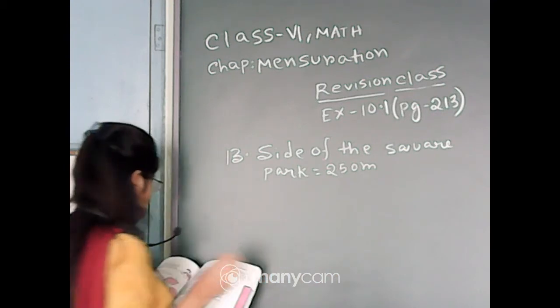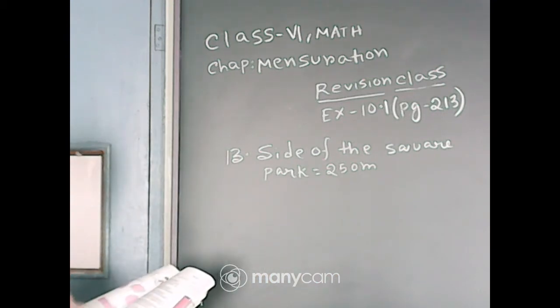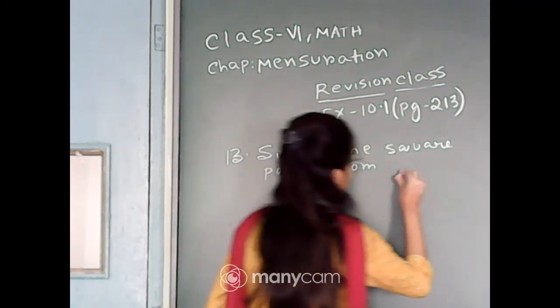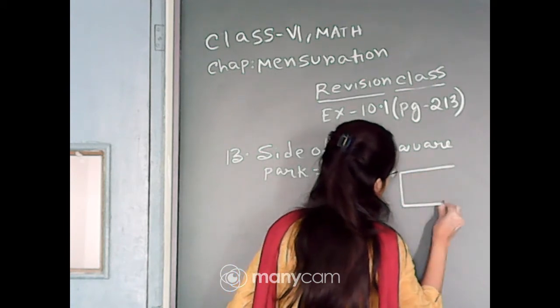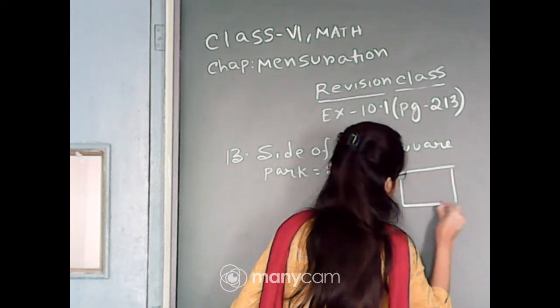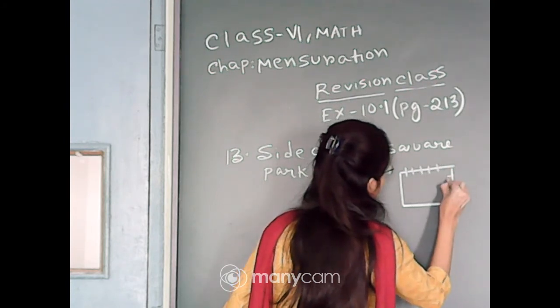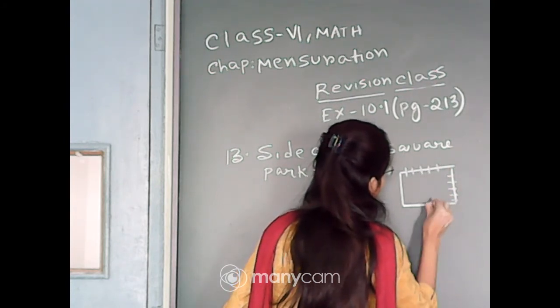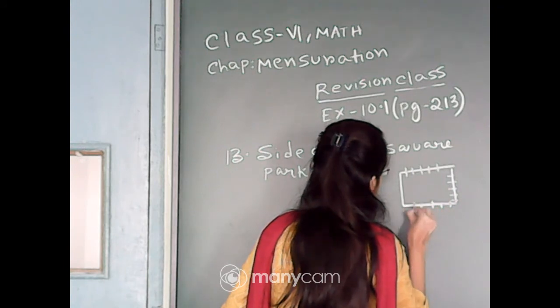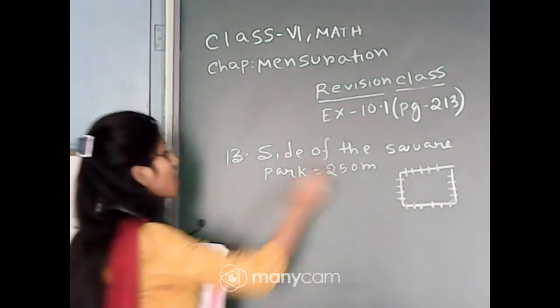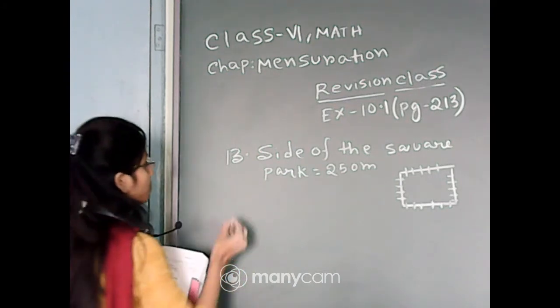Therefore, to fence the square park, we have to find out the perimeter of the square park.